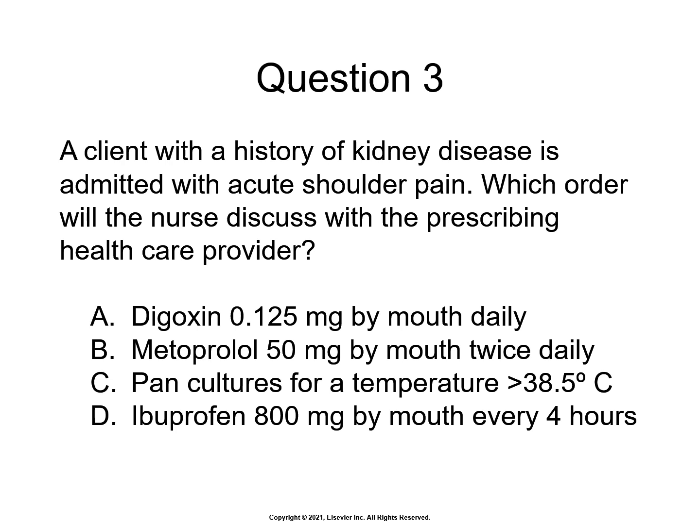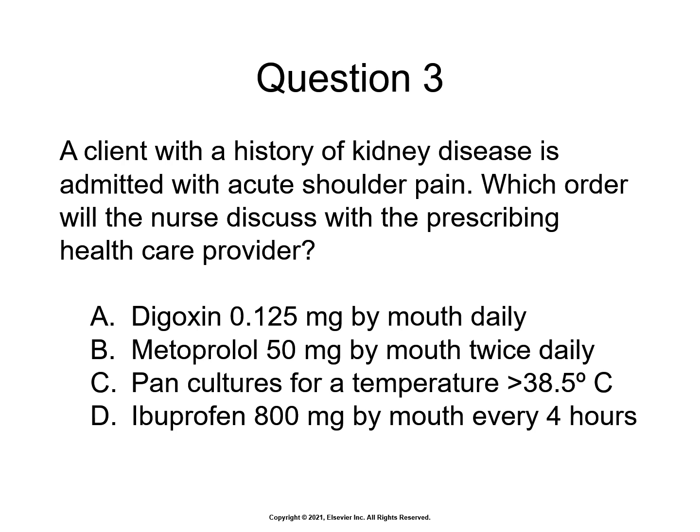Okay, one more question here. A client with a history of kidney disease is admitted with acute shoulder pain. Which order will a nurse discuss with the prescribing healthcare provider? Your client has a history of kidney disease and he has acute shoulder pain. So which order are you going to discuss with the prescribing healthcare provider?